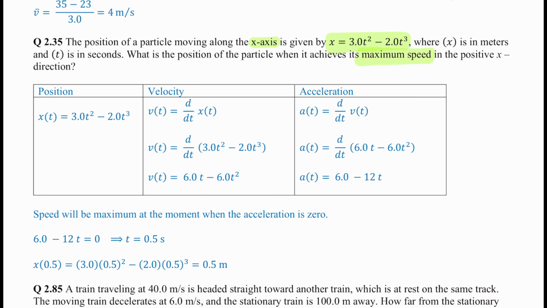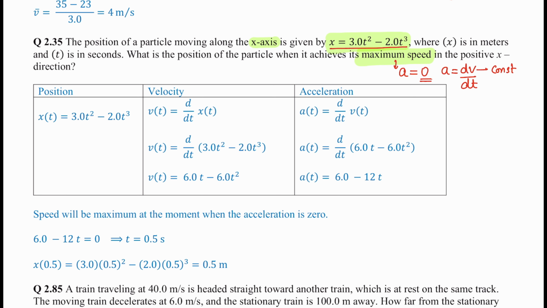I told you, maximum speed means acceleration is 0, because we know acceleration is dv divided by dt. So if the velocity has a constant value, it is not going to change, it is fixed. The derivative of a constant is always 0. Okay, so we have x, solve it.